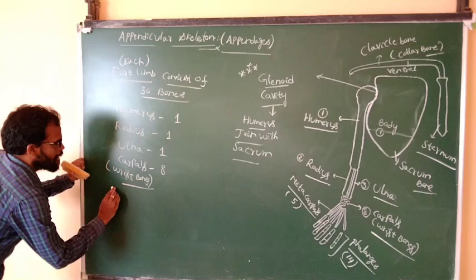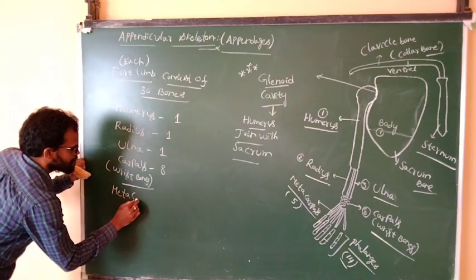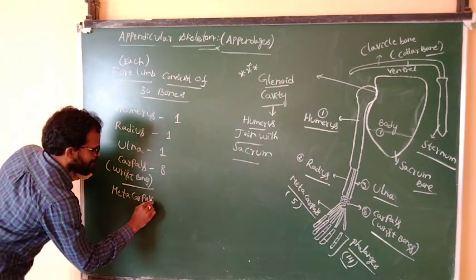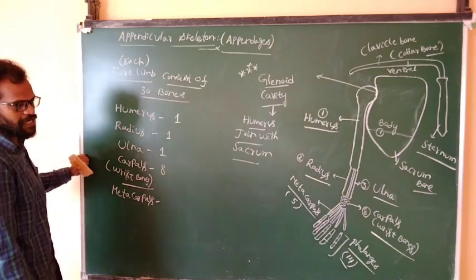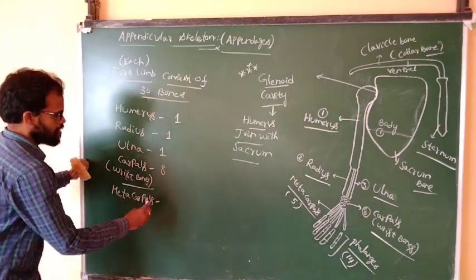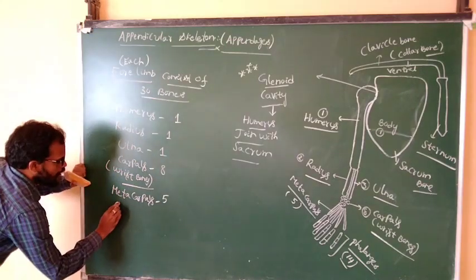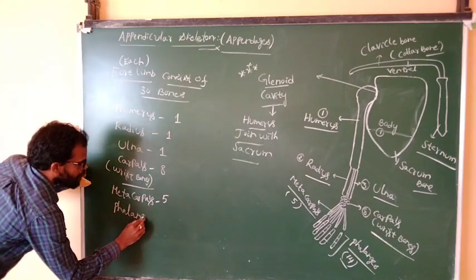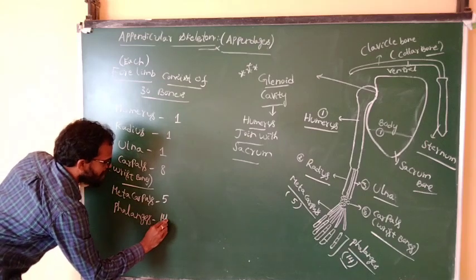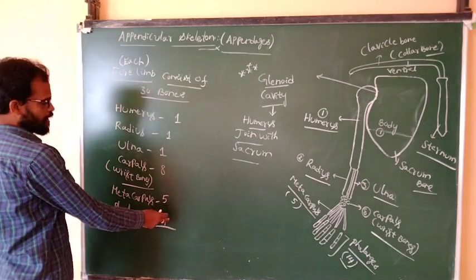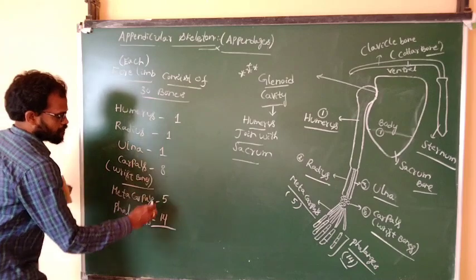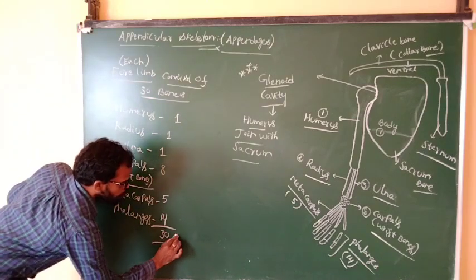Next one, metacarpals. How many metacarpals? 5. Next one, phalanges. How many phalanges? 14. Total bones, 30 bones.